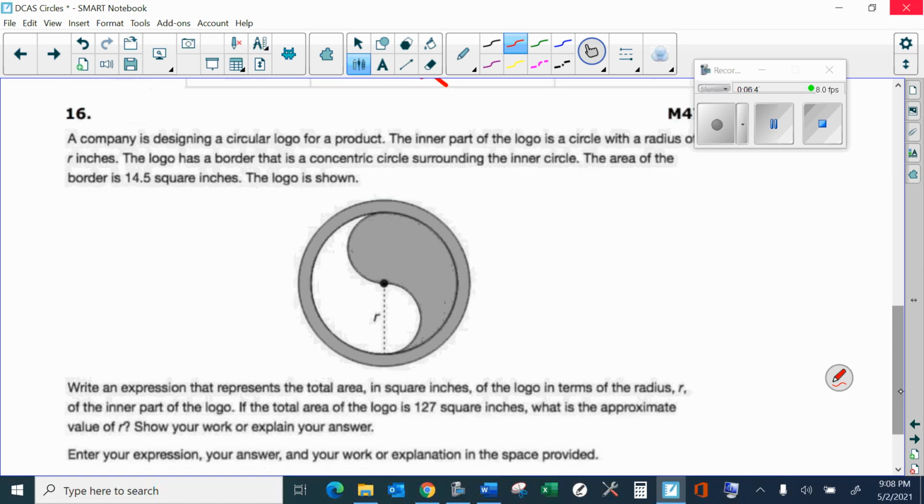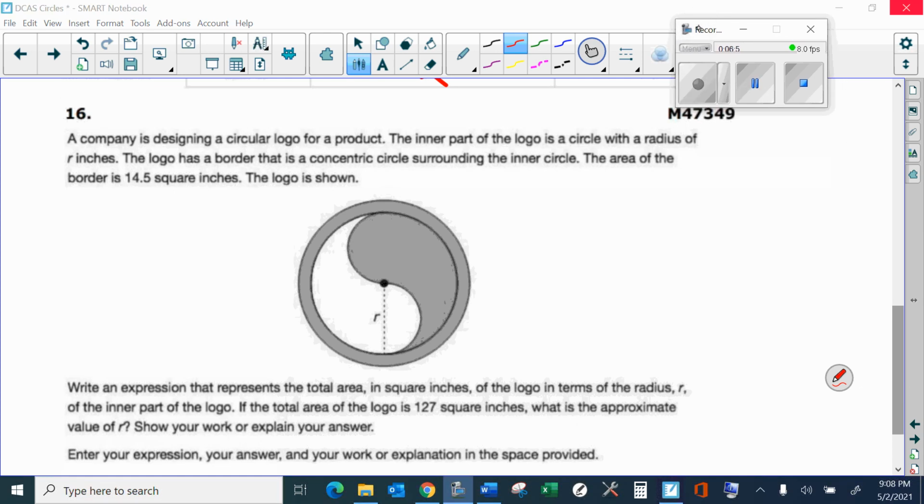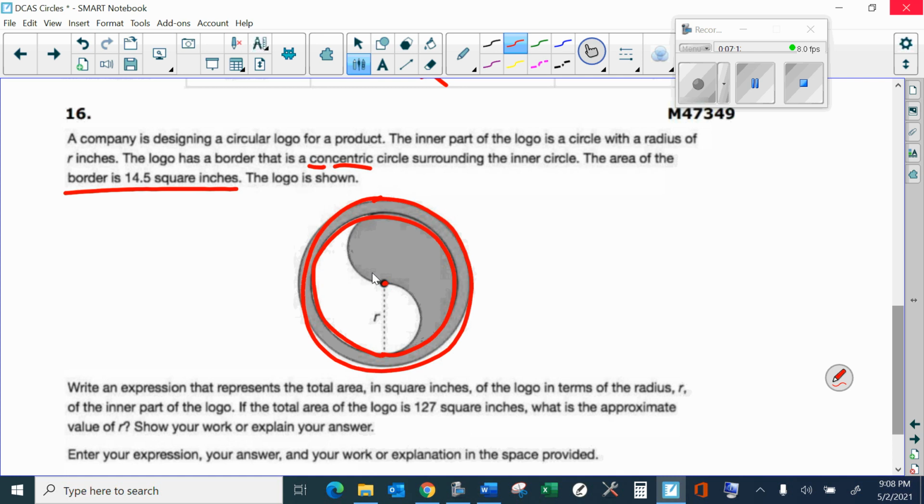Okay, the inner part of the circle of the logo is a circle with a radius of r inches. So here's that circle right there, radius r inches. The logo has a border that is concentric. That means same center, co means same. So it has the exact same center as the outer circle. Surrounding the inner circle, the area of the border is 14.5 square inches.